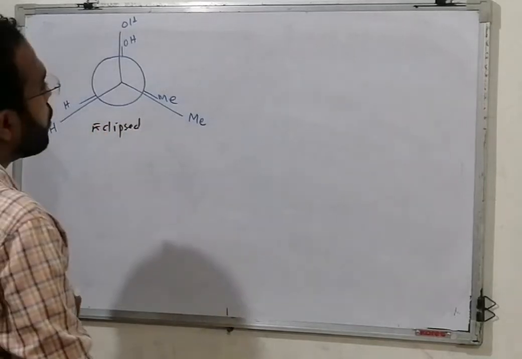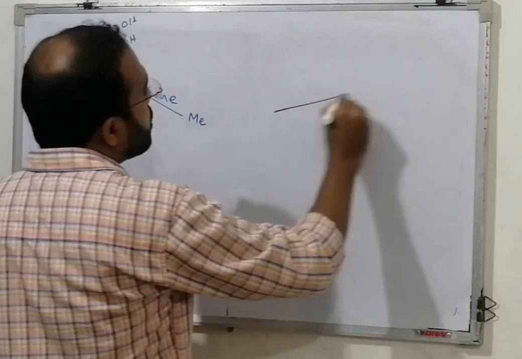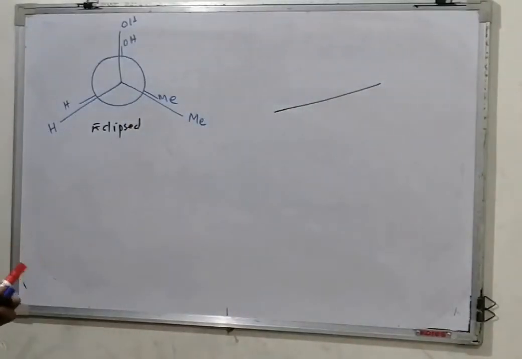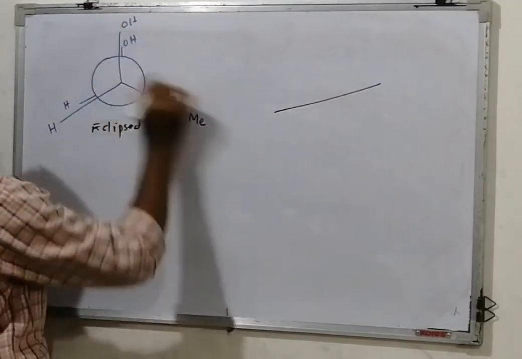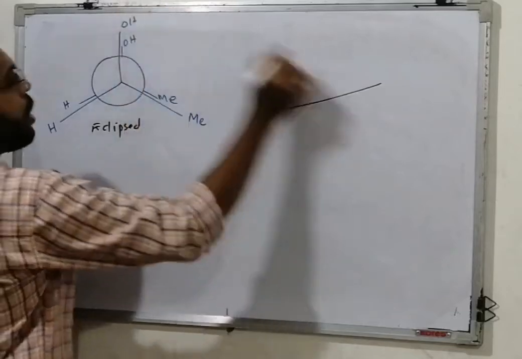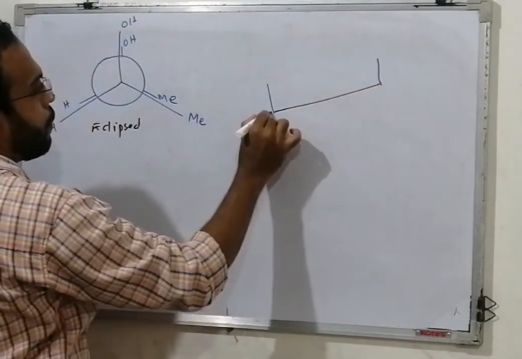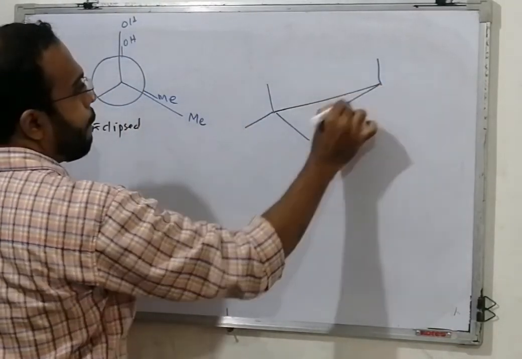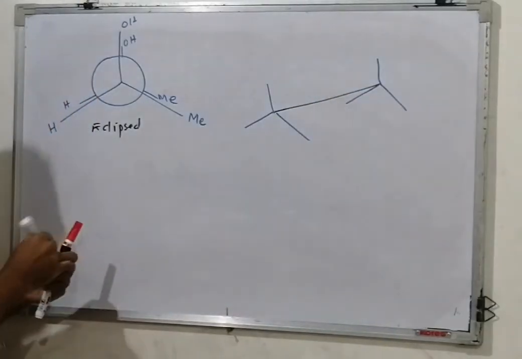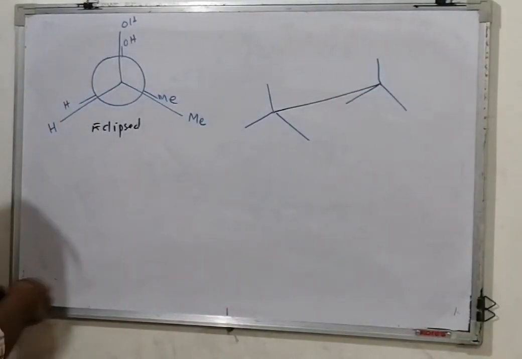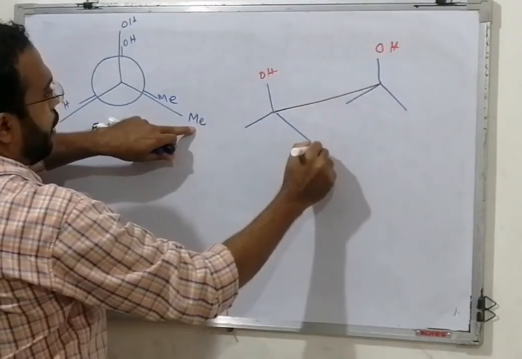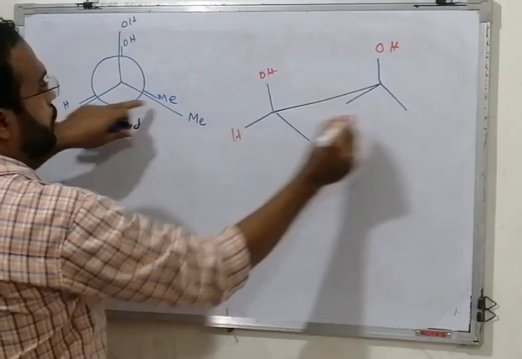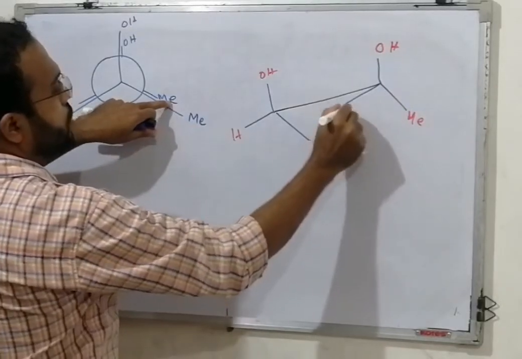Eclipsed Newman. You want to draw its Sawhorse. Here the eclipse, front carbon, this is up, back carbon also up. Very carefully, you have an eclipsed, up eclipse: OH, OH, Me, H, Me, H.